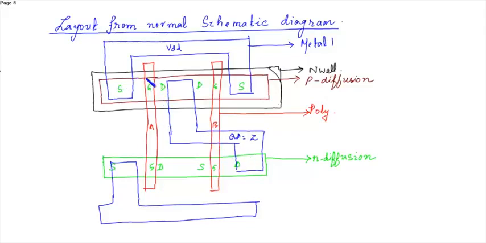Now in order to do the contacts, we need to place the metal contacts. So let's make it black in color. There will be one contact over here.